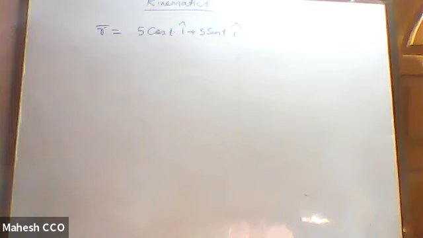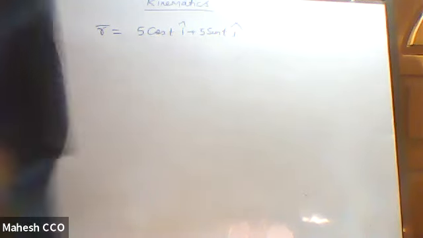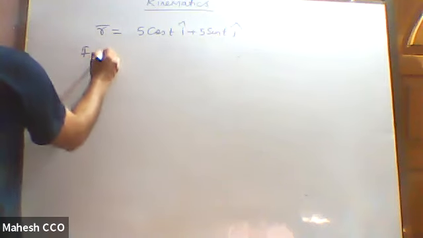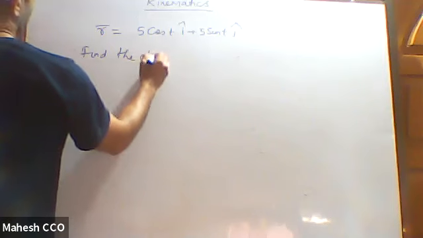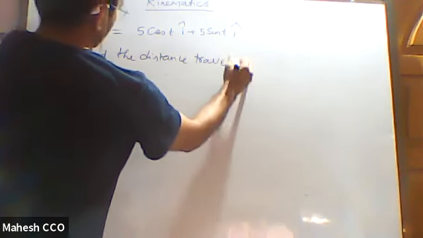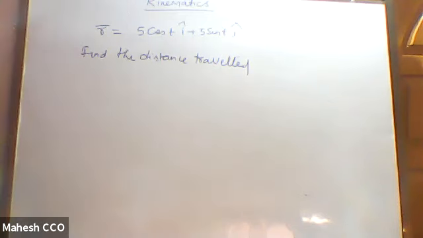Then the question asked of us will be: find the distance traveled in the interval from t equal to 0 to t equal to 5 seconds.